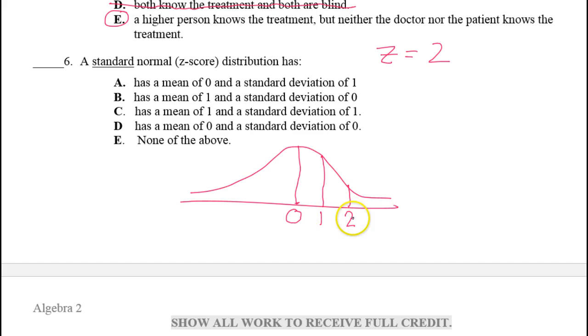Because each one of these lines I'm drawing is a standard deviation, and here we have it, it's going up by 1, 2, 3, etc. And this would be -1, -2, -3. So z-score is automatically, we've made it so that the standard deviation is 1. Okay, so that's what we're looking for. Mean of 0, standard deviation of 1, because it's like 1, 2, 3. All right, well, there it is. The answer number 6 should be A.